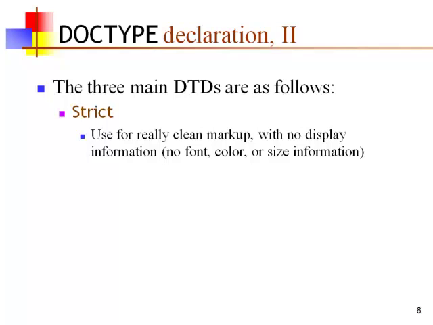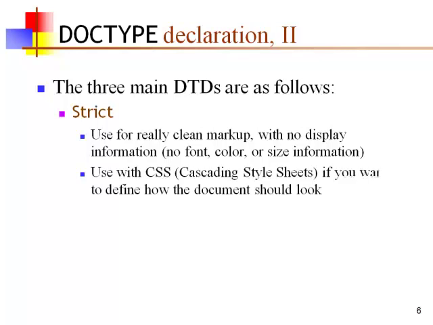If you don't want to mention that, we go for strict. And we use this with CSS, and if you want to define how the document should look, we entirely do it with CSS, cascading style sheets. I will tell you what cascading style sheets are when I start sessions on them.